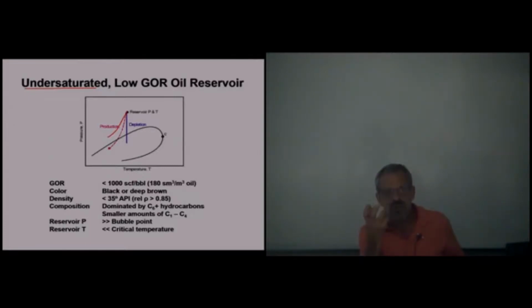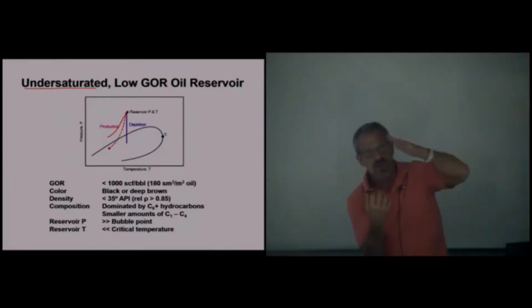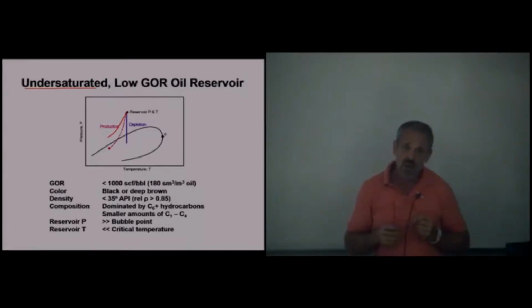That means the two-phase envelope for your system is below ambient conditions. Pretty tough. As far as I know, no naturally occurring hydrocarbon system has a bubble point below atmospheric pressure.